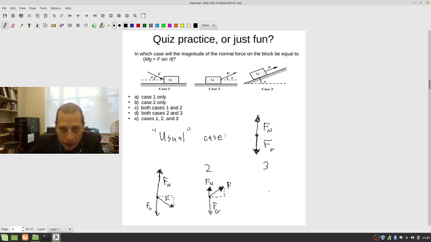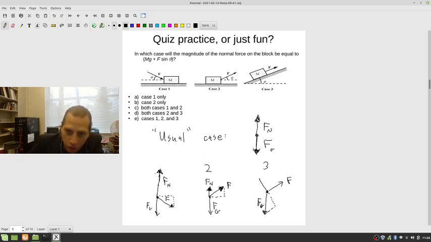And then in case 3, we have this force, and we have the gravitational force. And notice that the net force in the x direction is going to be the force in this direction minus the force of gravity that's in the same direction as that force.